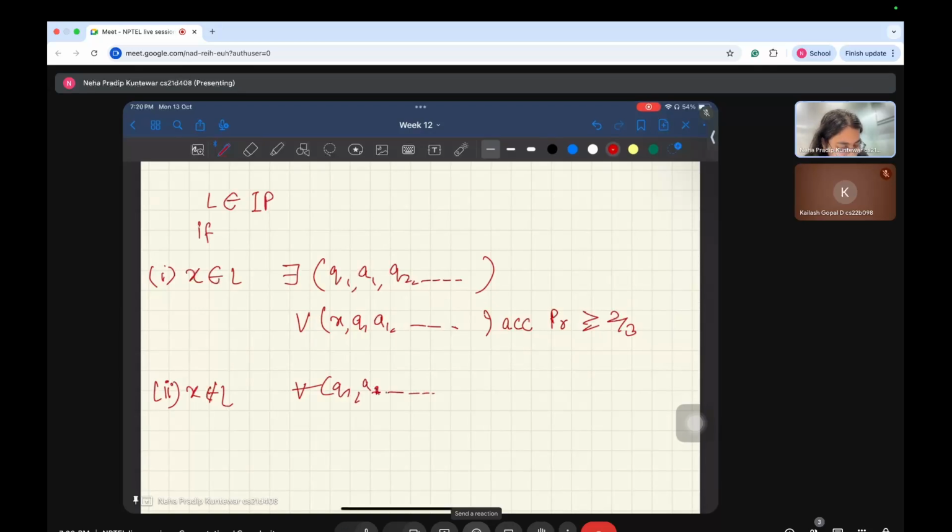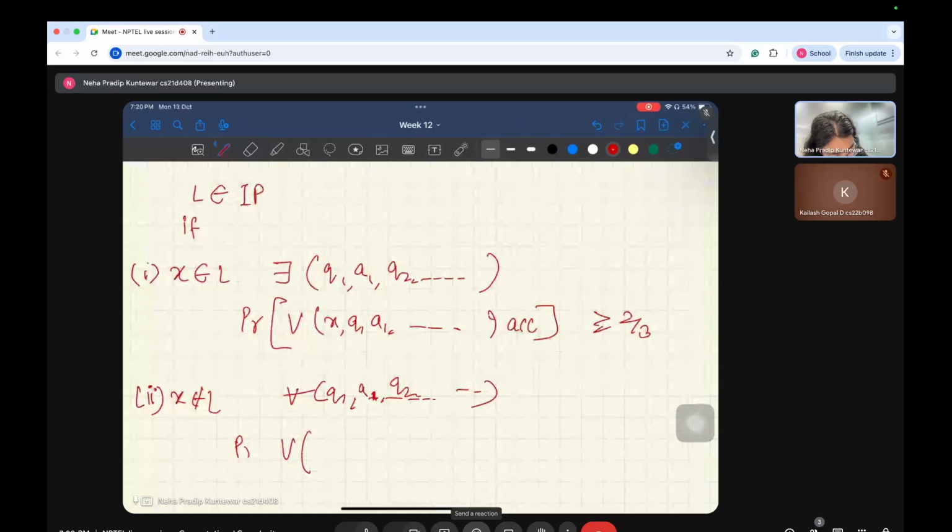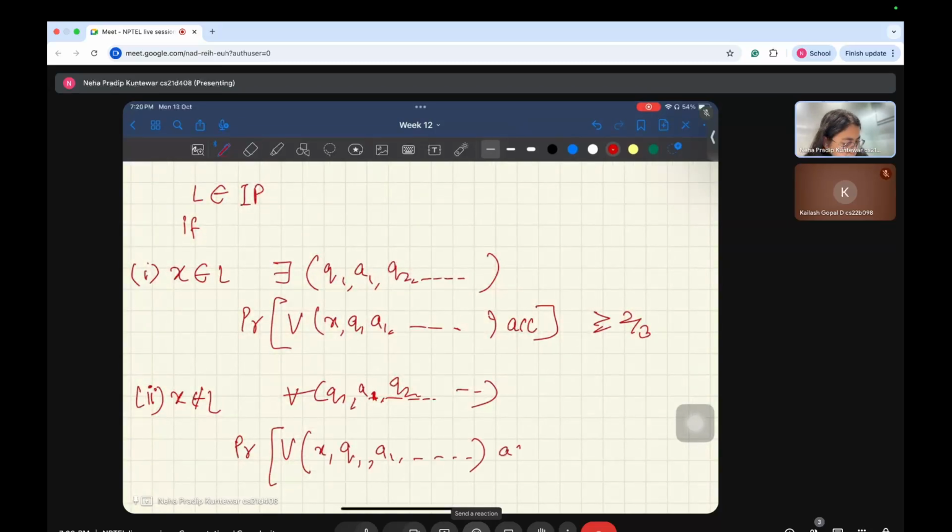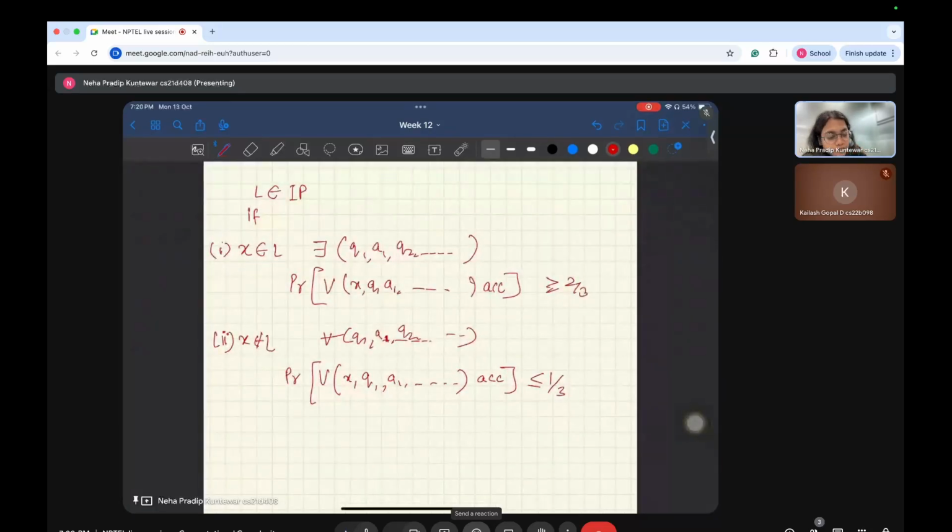for all possible exchanges of transcripts, the probability that V accepts is at most 1/3. Just to compare this with the previous definition of DIP, there we had acceptance probability of 1, and if X is not in the language, then we had acceptance probability of 0.